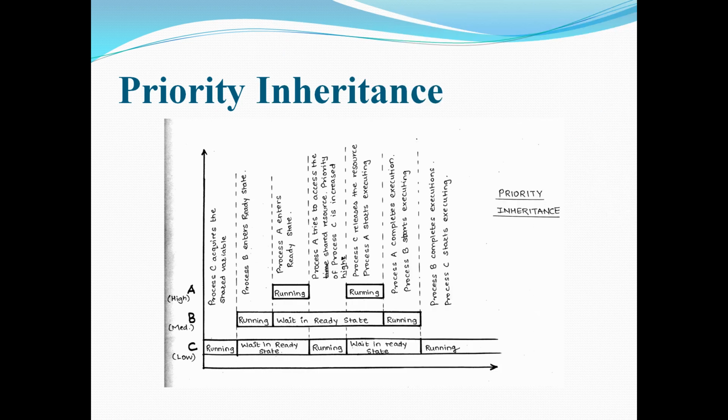As I told you, again there are three tasks: task A, task B, and task C with high, medium, and low priority. Now, when a low priority task acquires a shared resource, the task continues running at its original priority level.